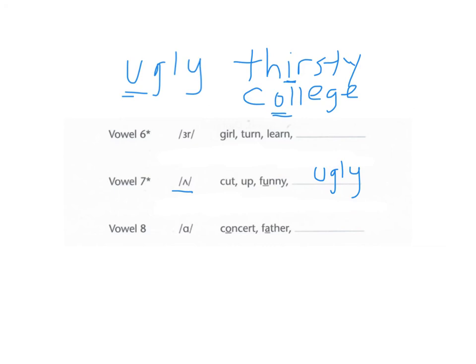Vowel 6 or vowel 8? For vowel 6, we have thirsty. Just like girl, thirsty. And for vowel 8, we have college, college.